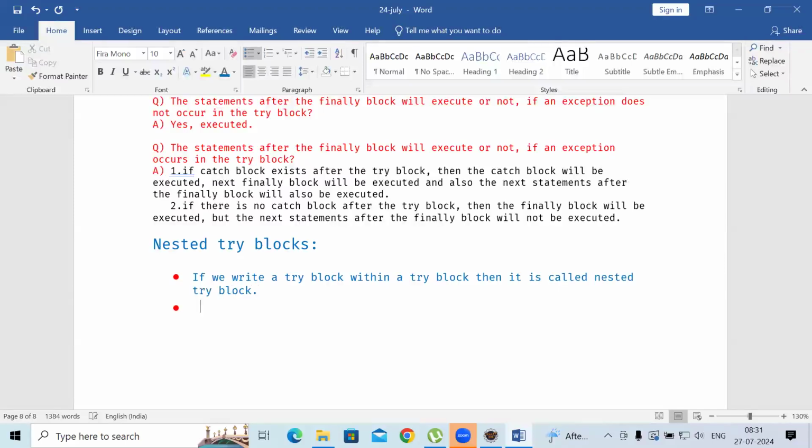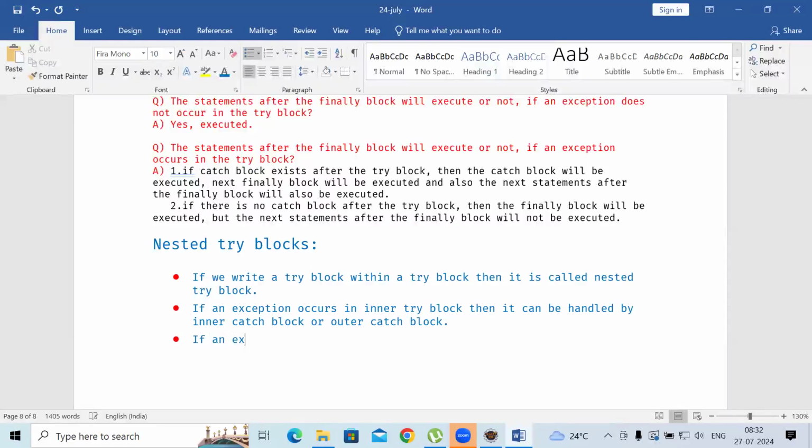The second point is: if an exception occurs in the inner try block, then it can be handled by the inner catch block or the outer catch block.